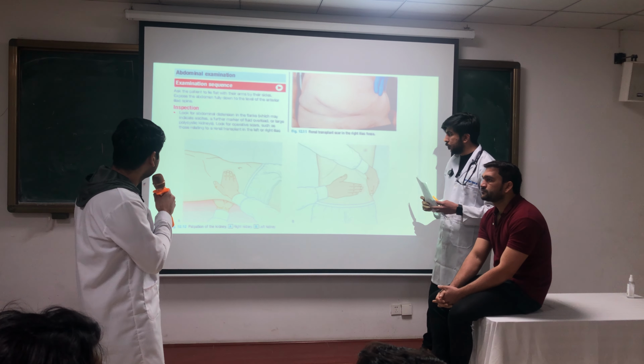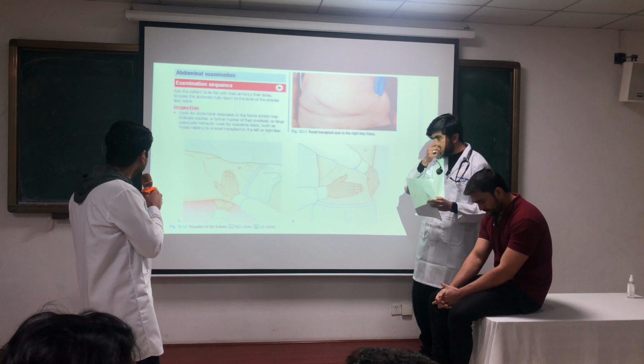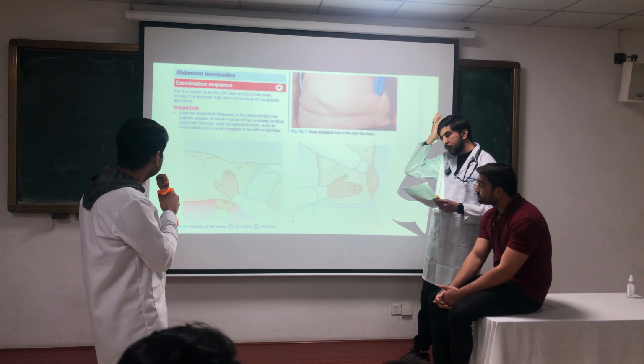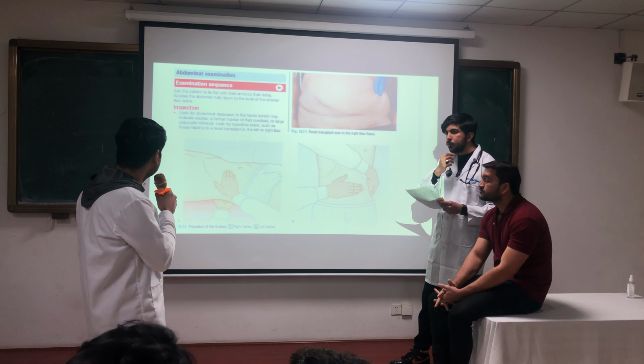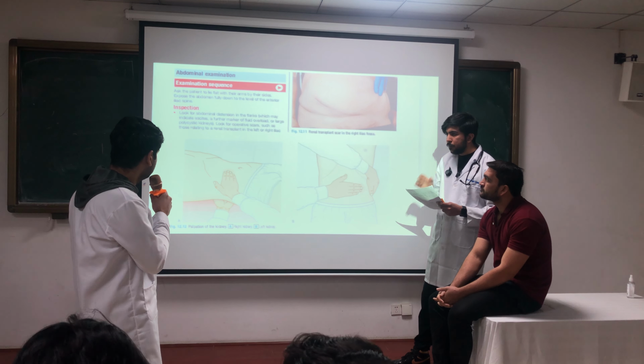A further marker of fluid overload is large polycystic kidneys. Look for operative scars such as those relating to renal transplant in the left or right iliac fossa.